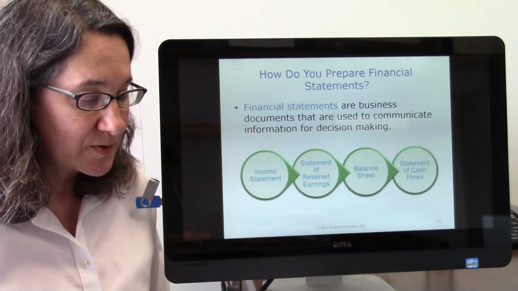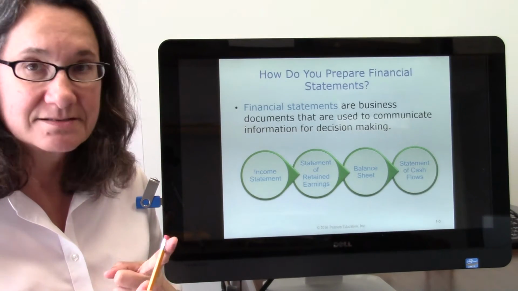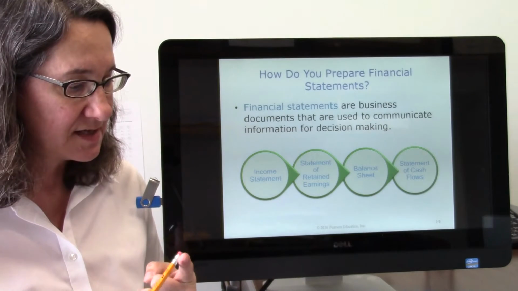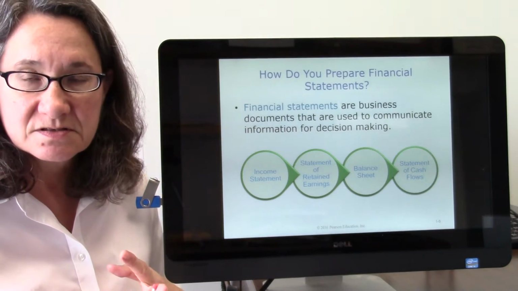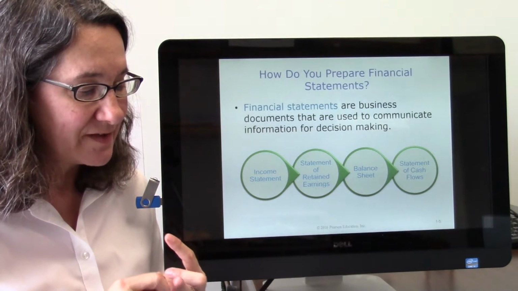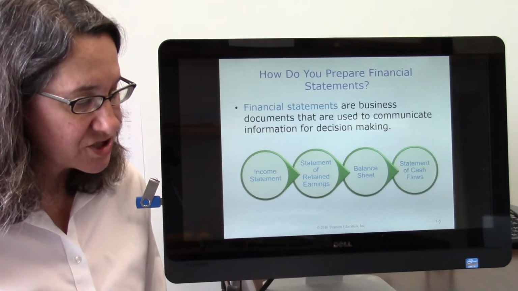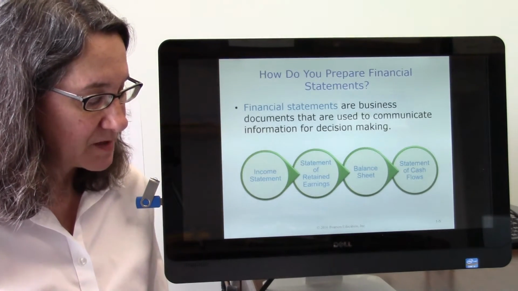The balance sheet reports the business entity's economic resources, right? The economic resources we call assets. The amount of debt owed to creditors, liabilities. And the net worth of the entity we call equity. The balance sheet shows the financial position.